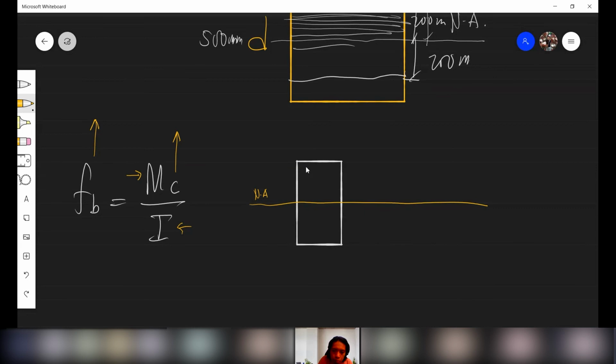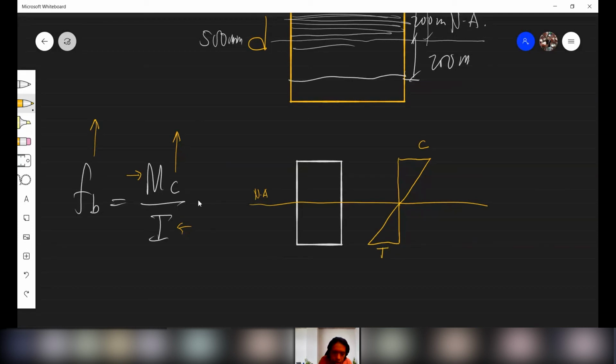Since the relationship between f and the other variables is linear, with no exponents, if you draw the stress diagram it looks like this. This is in compression, then 0 at the neutral axis, and this side is in tension.